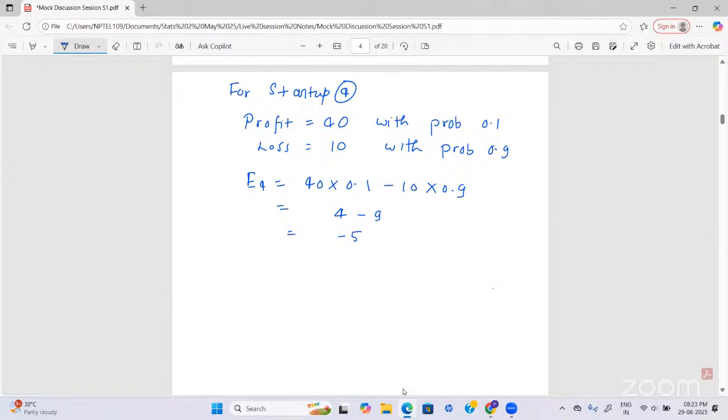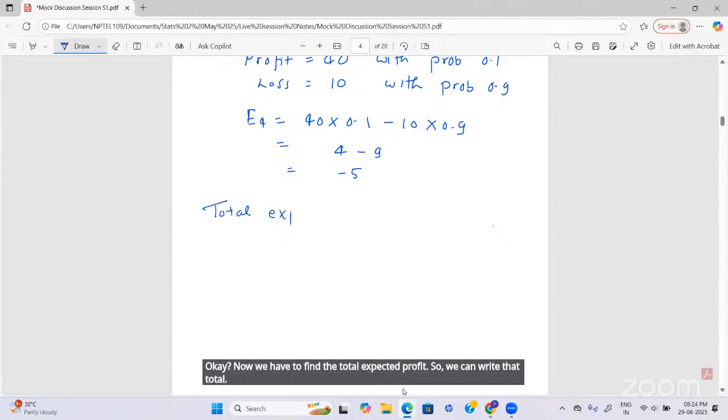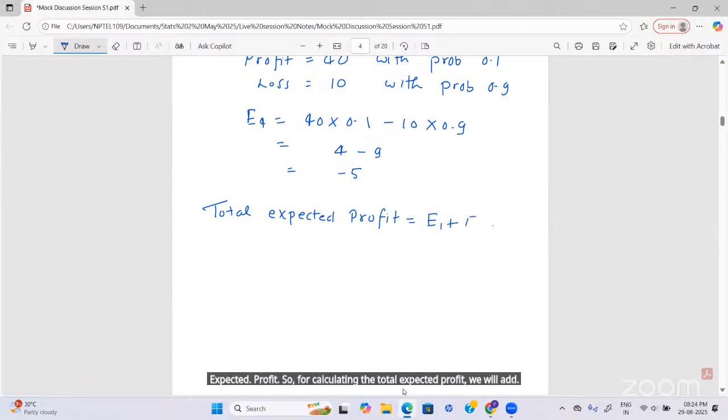That is -5. Now we have to find the total expected profit. For calculating the total expected profit, we will add these expected values E1, E2, E3, and E4.